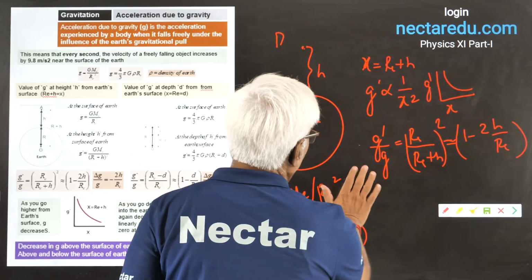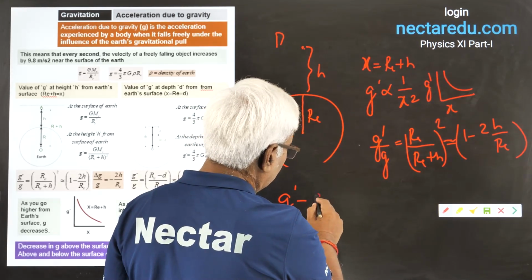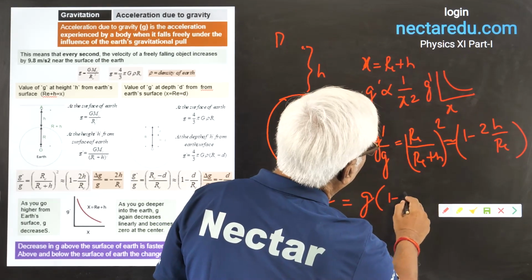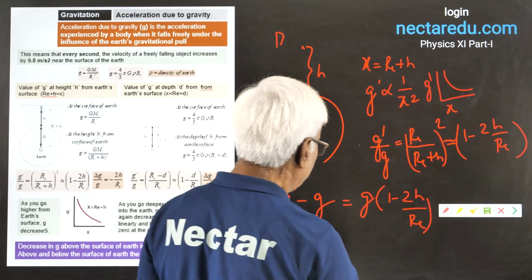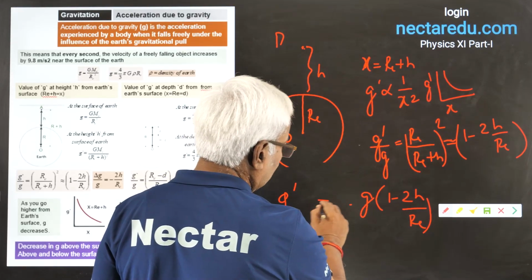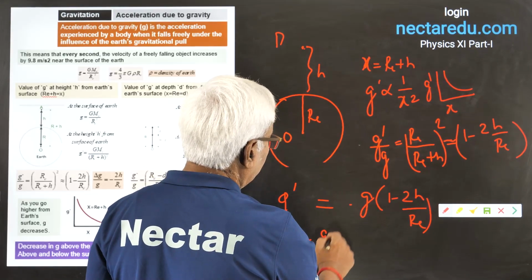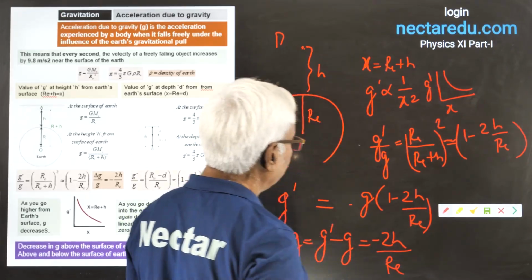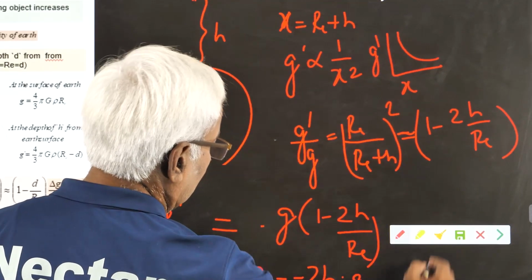And if you take g dash minus g, that's going to be equal to g times (1 minus 2h upon RE), or delta g. If you write g dash minus g, it's going to be minus 2h upon RE into g.